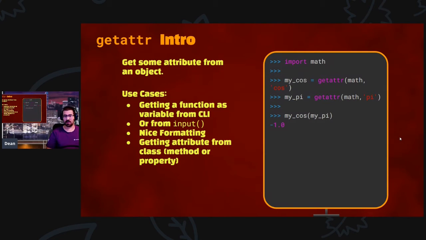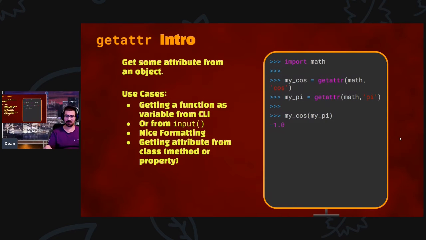So you can say in the third line, my cosine, for example, is equal to getattr from the math module, get something that's called cosine. So once we did that, it's the same as saying my cosine equals the function cosine.